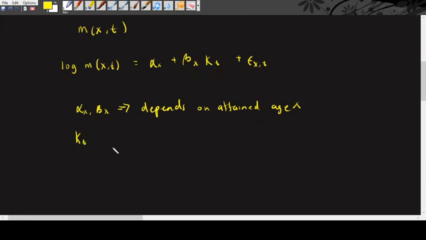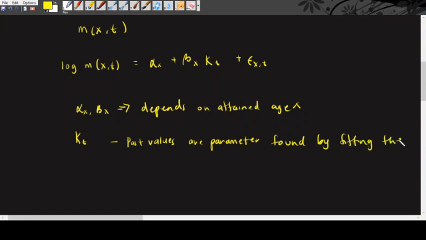This kt includes the values for all of the t's. For the past values, the parameters are found by fitting the data to the model. The future values are modeled as a time series fitted to the estimated historical values.